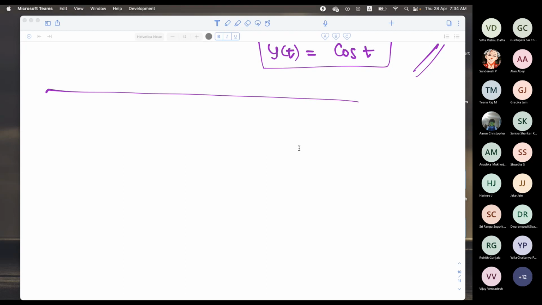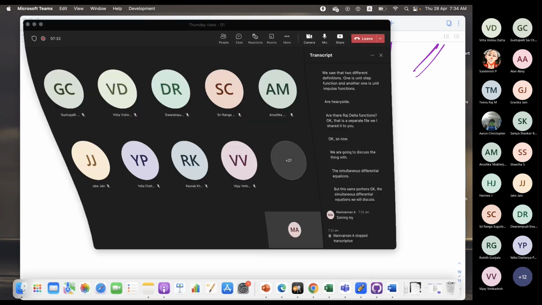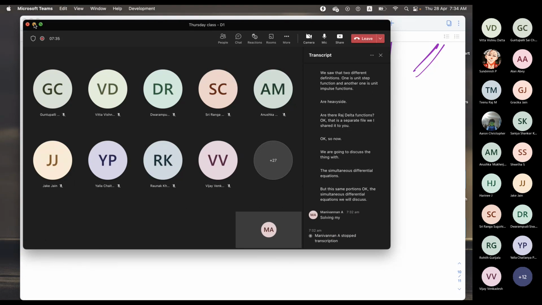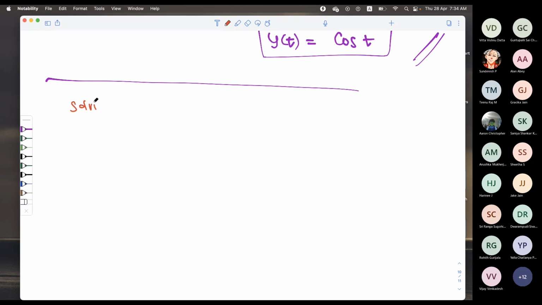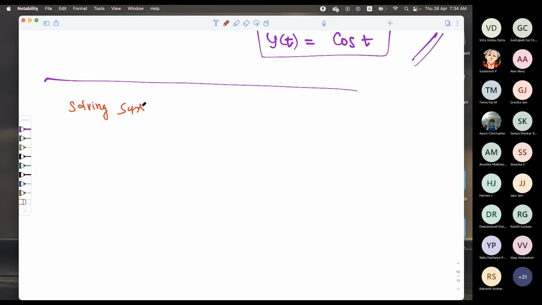So solving system of equations, that's our new concept today. Do you know how to solve a system of equations? Solving simultaneous or systems of equations by Laplace transform, that's the concept.